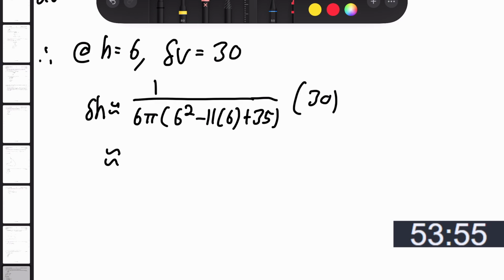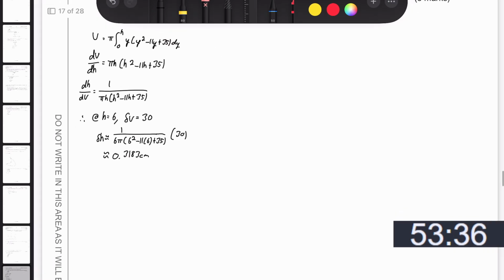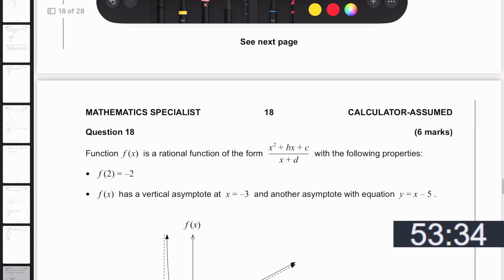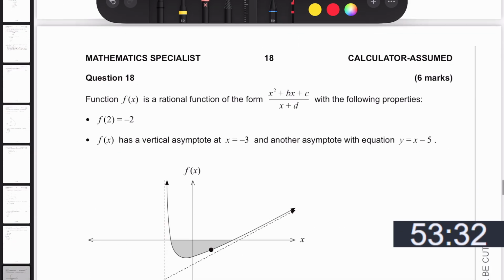What, dude? That's crazy. What is that, 1 on pi? 71 minus 6. Oh, wow, okay. So 0.318, 0.3183 centimeters.